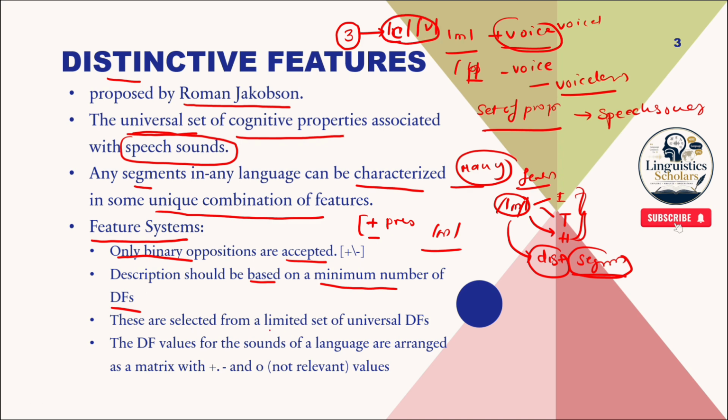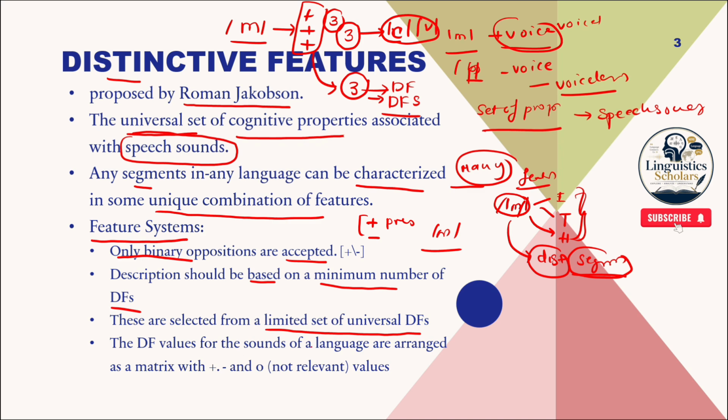These are selected from a limited set of universal distinctive features. For most sounds, you may add other features to these three, but they just give extra information. What we need is only three universal distinctive features that can easily distinguish among the sounds of English. These three came from a larger list of universal distinctive features.